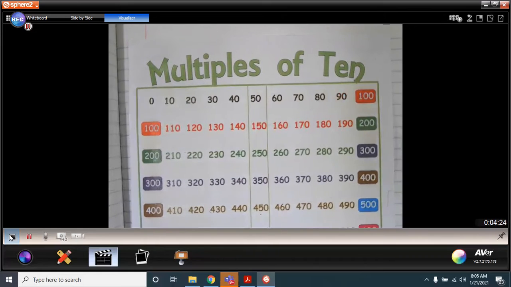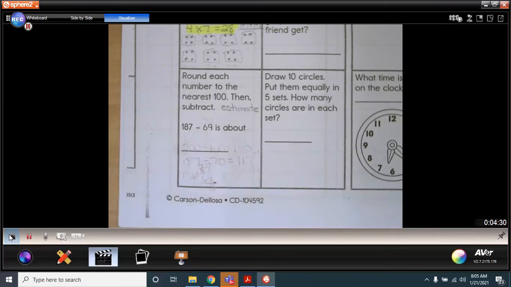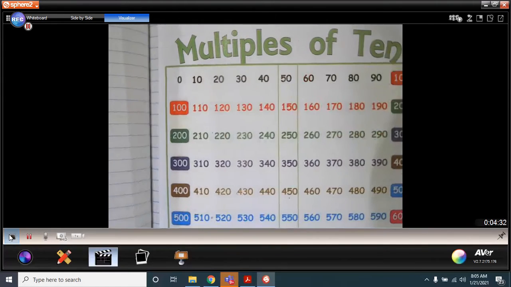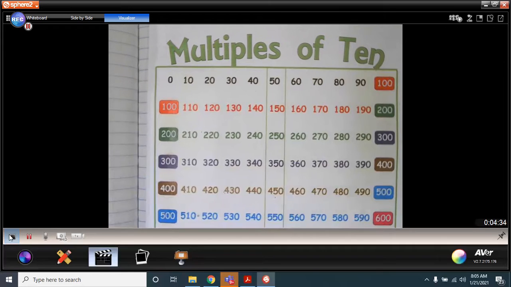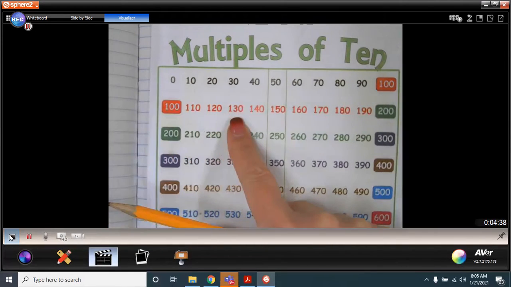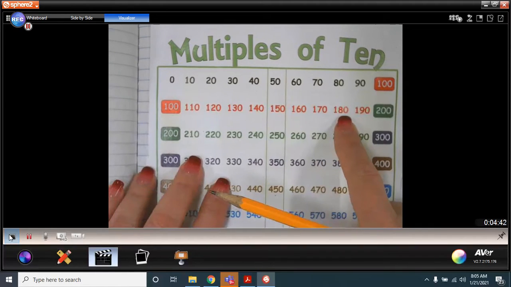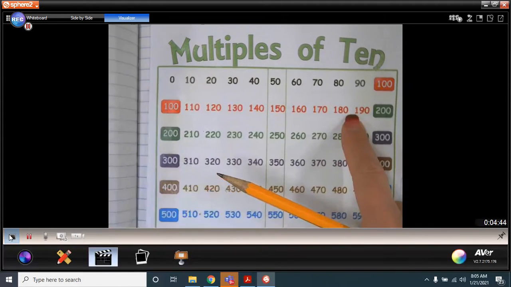So if it's asking us to round 187 to the closest 100, we want to find what 2 hundreds that number is between. So if I look in my hundreds, I know and see that 180 is right here. So 187 should be right between 180 and 190.